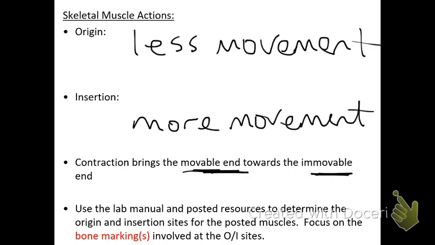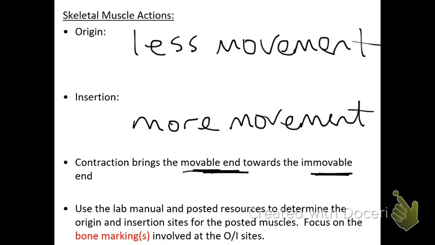And you will be looking through your lab manual. There is a list of muscles that you are learning in today's lab, and some of those muscles on the list have an OI next to them. The ones that have an OI next to them, you must learn the origin and insertion for those, just those.